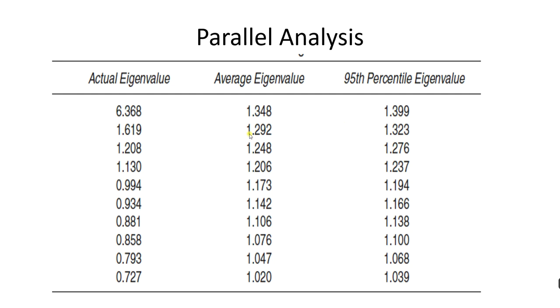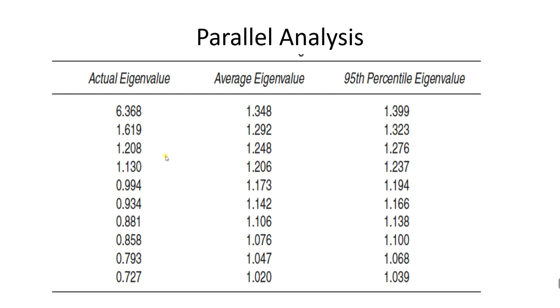In the second, again 1.6 is higher than 1.29. The third factor is 1.20, and this is 1.24. So the third factor in the actual data is explaining less variance than can be explained by chance based on the random data.